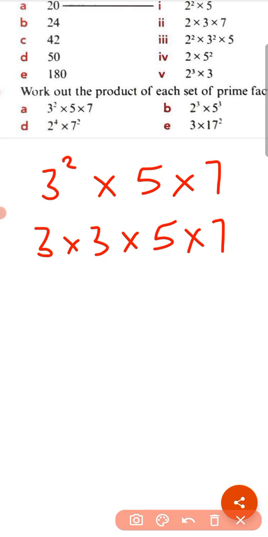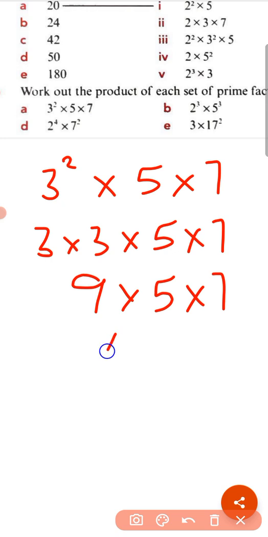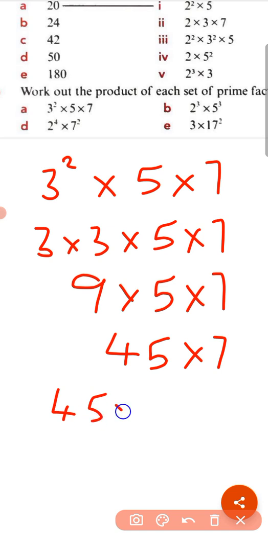Okay. So children, 3 into 3, 9, 9 into 5 into 7, 45 into 7. You can multiply 45 and 7. 7 5s are 35, 5, 3 carry over, 7 4s are 28, 28 plus 3, 31.